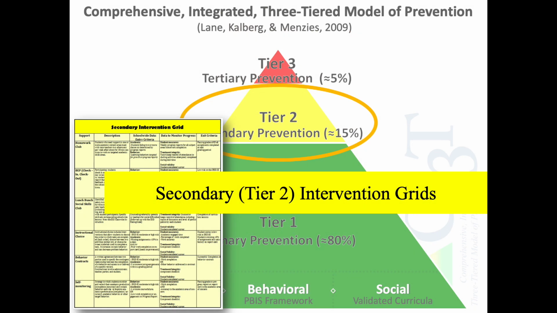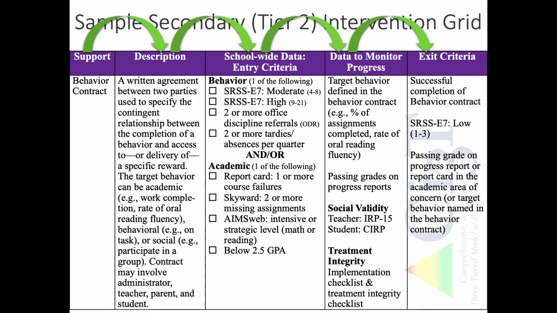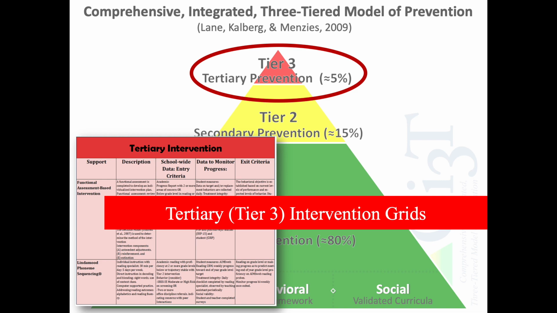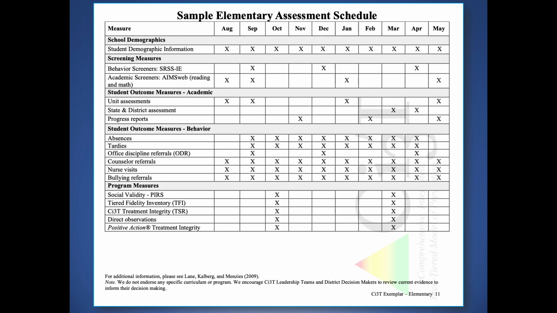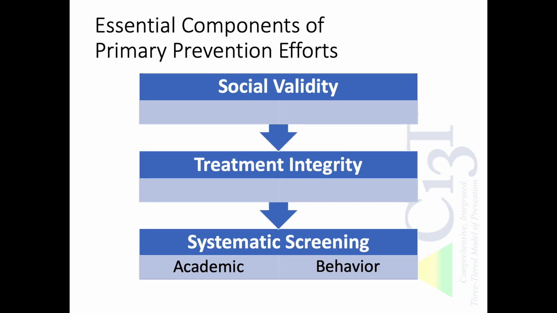As we look at the big ideas behind Ci3T, it's not just clarity in Tier 1 practices, it's also making clear plans for what to do when students need more than Tier 1 has to offer. So there are plans for what you're going to do at Tier 2 and Tier 3. And rather than having that all based on teacher referral, you'll notice in the Ci3T blueprint, we are using school-wide data collected on every single student, including information also on treatment integrity and social validity of Tier 1 practices, because we want to make sure those things are in place.